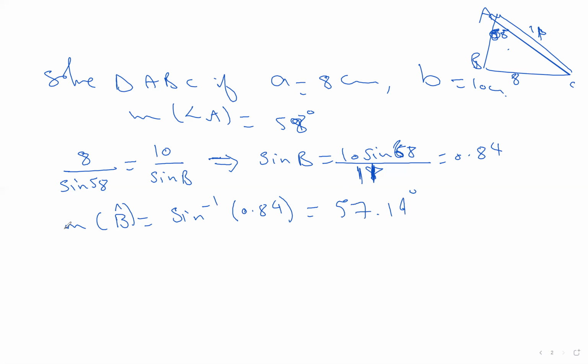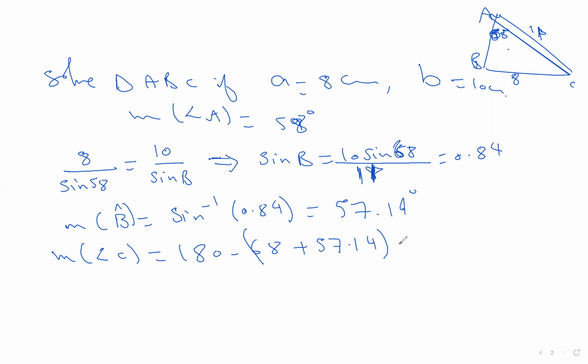You don't need the sine rule for the third angle because you already have two of them. Measure of angle C equals 180 minus the sum of 68 and 57.14.